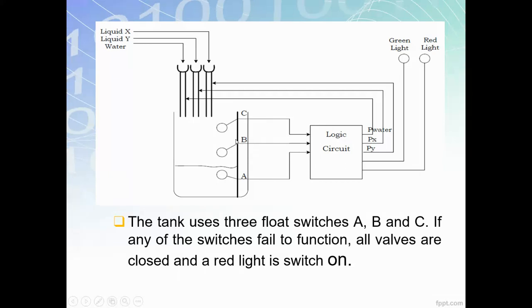This is A, B and C. The three floats go into the logic circuit, which is connected to the pumps to control the levels of P water, PX and PY. They have three outputs here, and then a green light and also a red light.